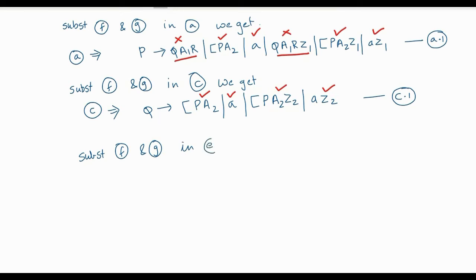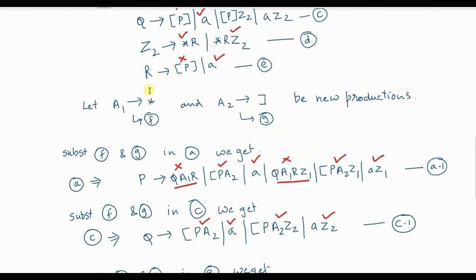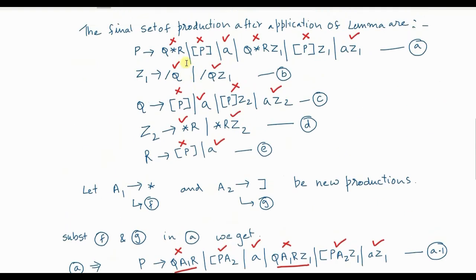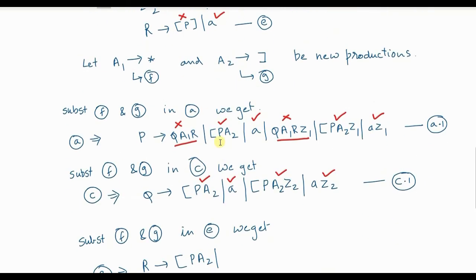finally in E we get the new value of E. E is a short one, so production E will be, R gives opening bracket PA2, R gives opening bracket PA2, and now the second term of that is already in GNF, so don't do any changes.